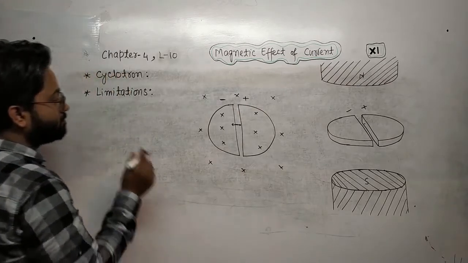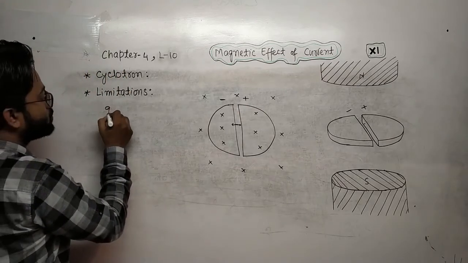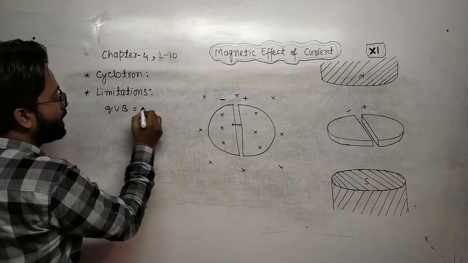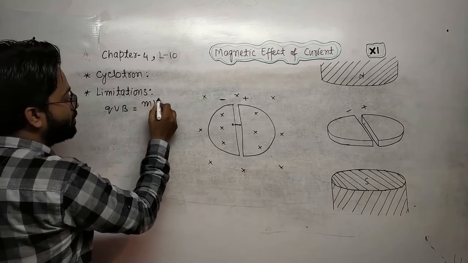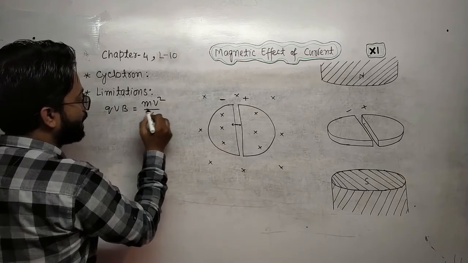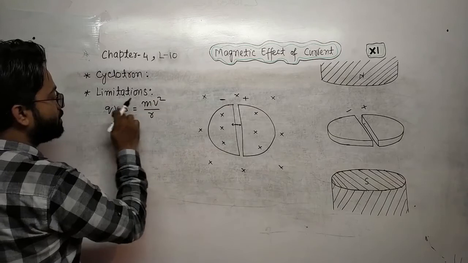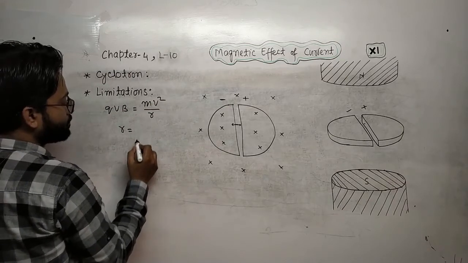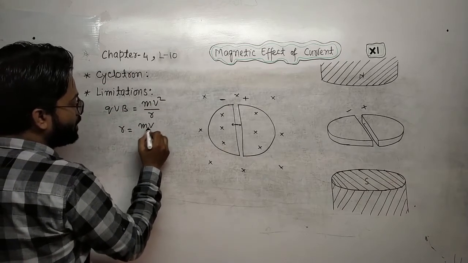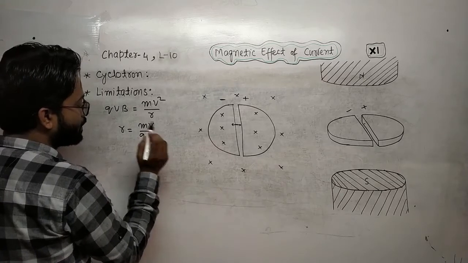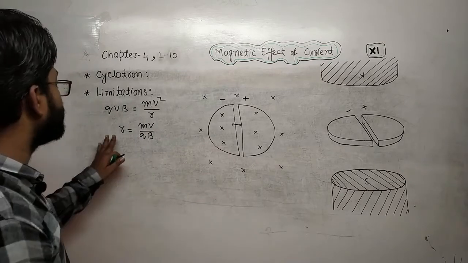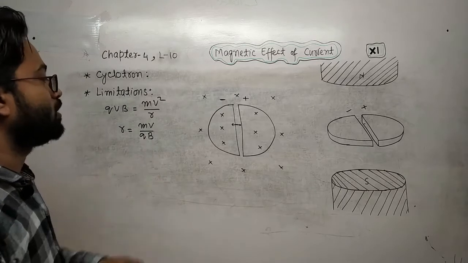There will be a magnetic force qvB acting as the centripetal force mv squared by r. Cancelling, r is equal to mv upon qB.